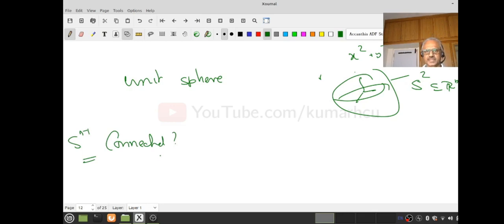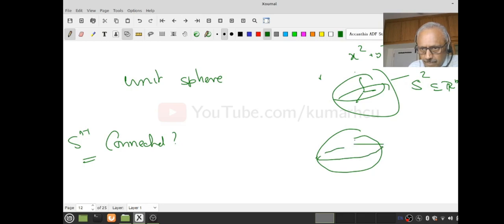Is the question clear? The way we want to do that is something very interesting. How are you going to prove that? Let us look at the sphere. I may not be able to draw the picture very nicely, so please bear with me. Now let's look at the so-called upper half plane.